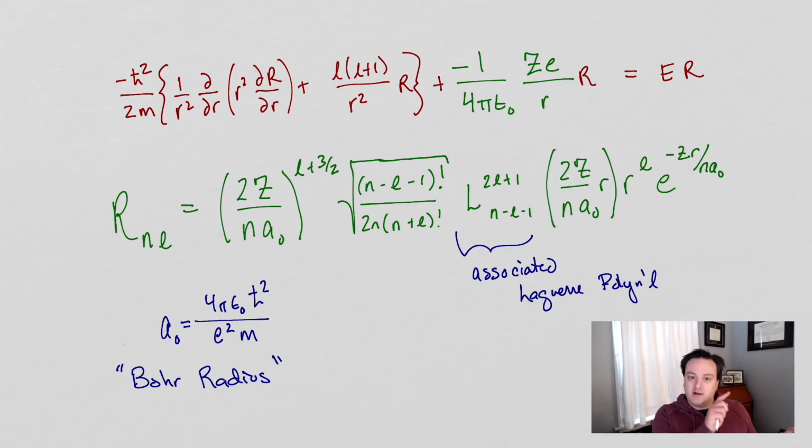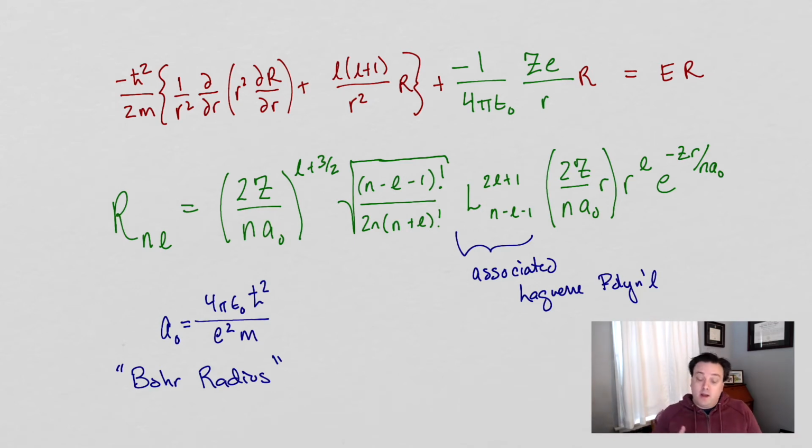The R sub NL, the radial solution that corresponds to quantum numbers N and L, is given by this big old thing, which has a normalization factor, and the associated Laguerre polynomials, and an e to the, it's got all of our favorite things in it. But it is a solution to this differential equation, or rather the family of solutions.